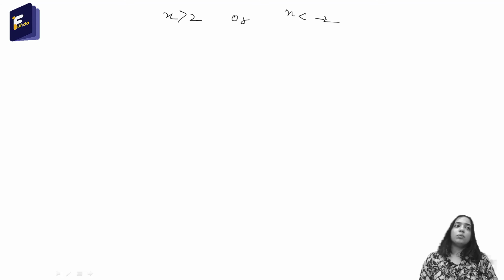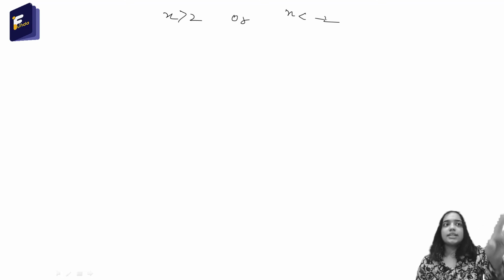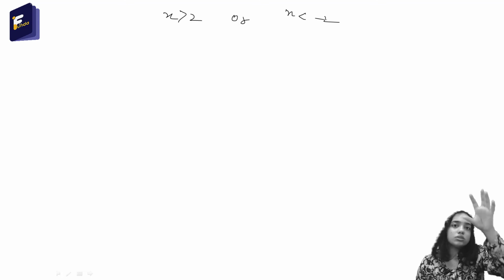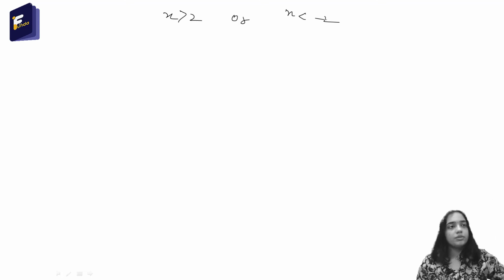These are connected by or, which means if x is greater than 2, then this whole thing, x minus 2 by x plus 2, will be positive. And also if x is less than minus 2, then also this whole thing will be okay. We have already discussed that in the previous case.